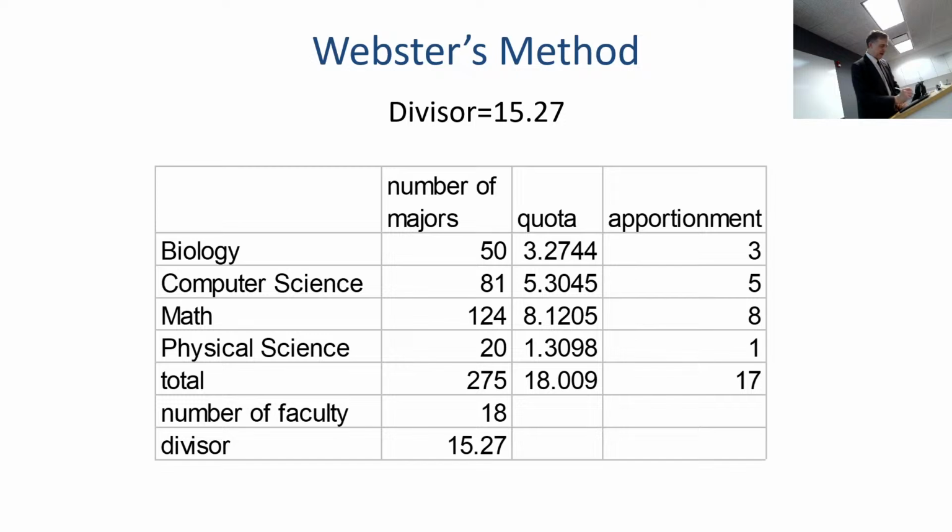There's biology, computer science, math, and physical science. Give me a sec here. 50, 81, 124, 20. And then the quota, this is with the divisor equal to 15.27.